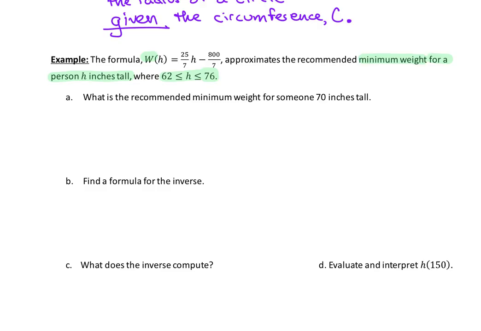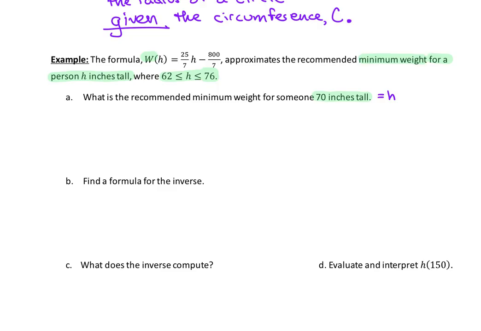Okay, so let's go ahead and look at some of these questions. First one says, what is the recommended minimum weight for someone 70 inches tall? And so 70 inches tall, is this W or is it H? This is going to be an H value. And so we can go ahead and plug this into the original formula.